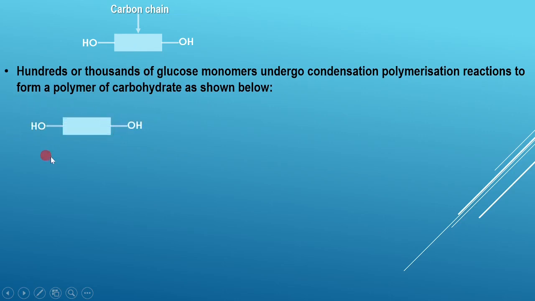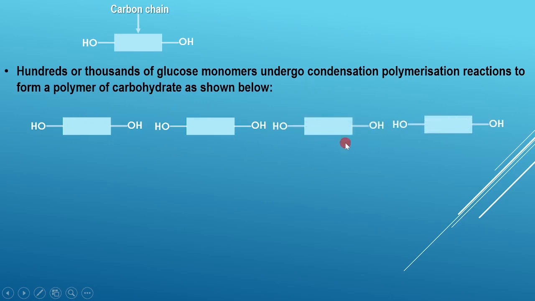So here we have, for instance, one glucose, which is a monomer, joining with another glucose monomer, another glucose monomer, another glucose monomer. So here we have only given four, but these join in hundreds or thousands. When they do so, they form a carbohydrate polymer. So this is just a simple example.